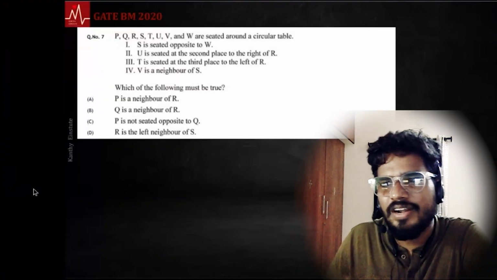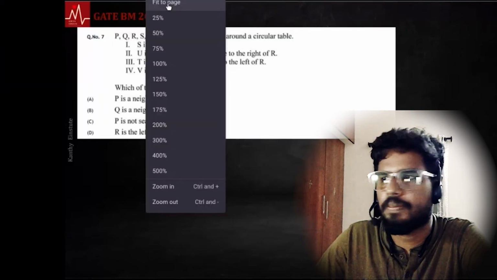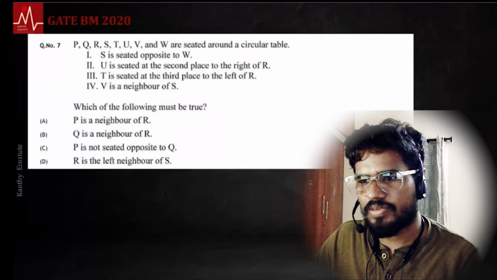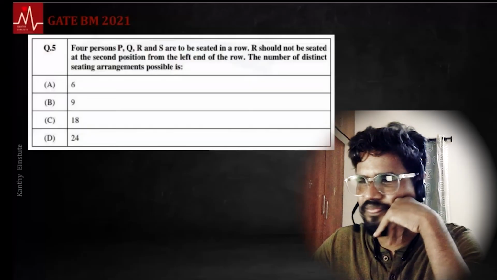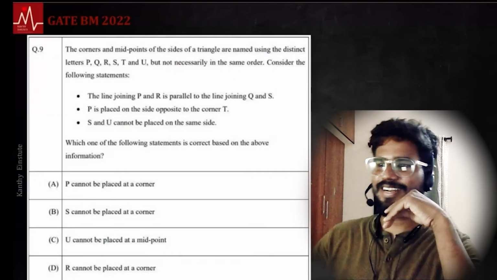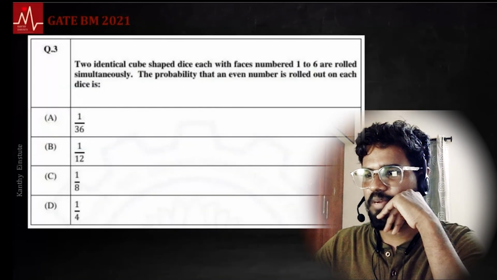Let's do this one quantitative aptitude question for today, and we will wind up. How many questions are we left with? Roughly half the questions. Let's quickly zoom through this. Seated in a row. Midpoint of the sides of a triangle. Matrix Mij, identical cube, probability.